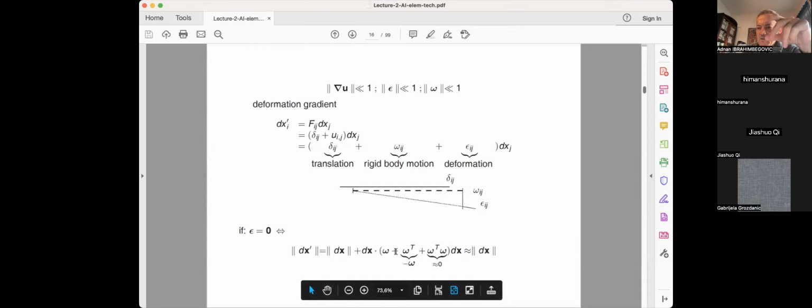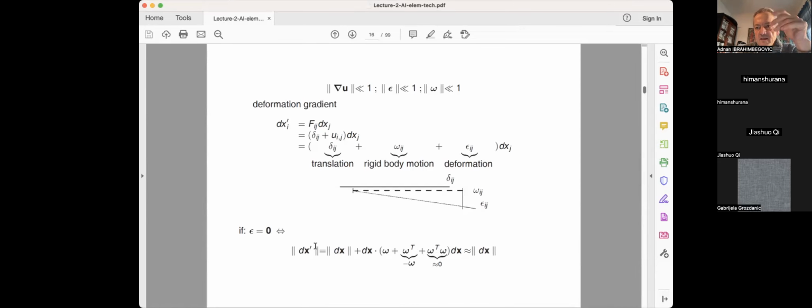And the transpose, being a skew symmetric tensor, is actually minus omega. So these two cancel. So by the hypothesis of small displacement gradient theory, you show that there's no change of the length of dx with respect to dx prime. This is a quick way to show that the infinitesimal deformation in the 3D case should be the symmetric part of the displacement gradient and not the skew symmetric part. That one has nothing to do with it.